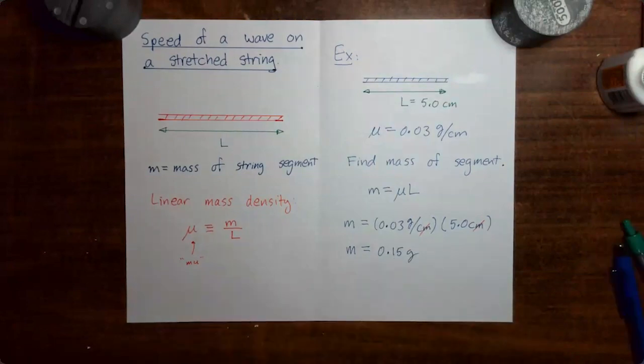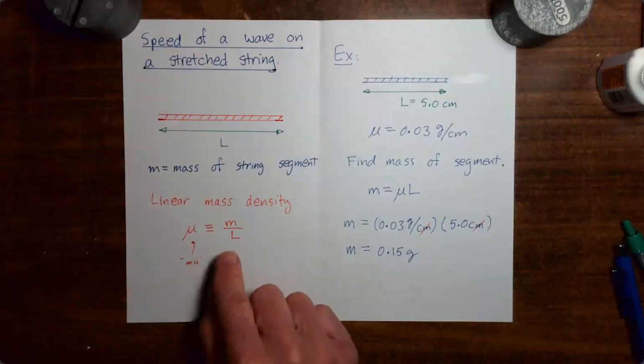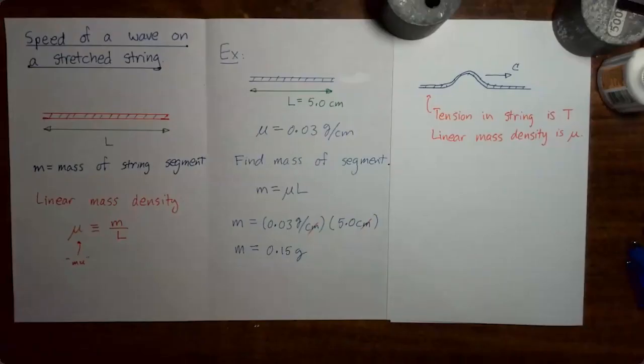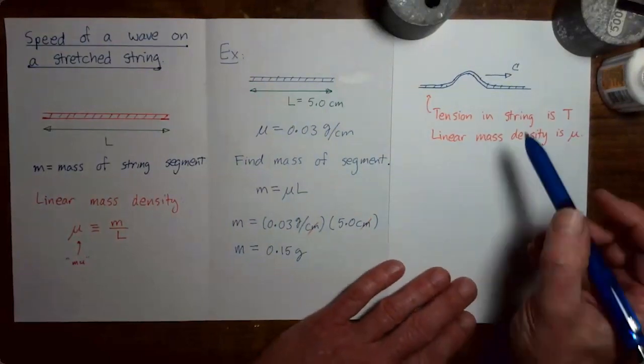Okay, so now I have introduced you to the idea of linear mass density. We did an example problem with it. Now that I've introduced you to the linear mass density, we are ready to see the formula which is used to calculate the speed of a wave propagating on a stretched string. So here we go.